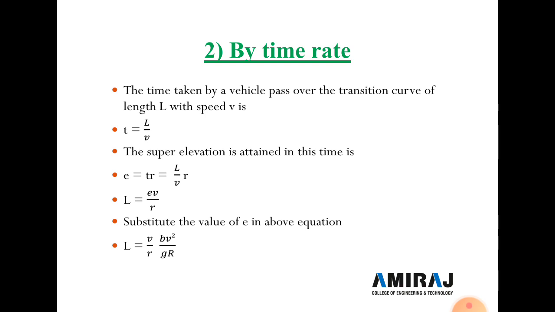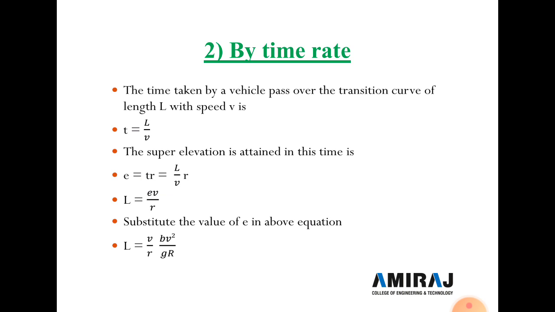Now next is by rate of time. The time taken by the vehicle to pass over the transition curve of length L with speed V is T equal to L divided by V. L is the length and V is the speed of the vehicle. Super elevation is attained in this time, E equal to T r, which is L divided by V into r.